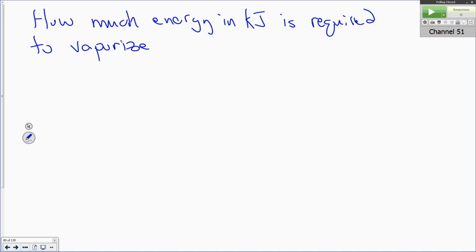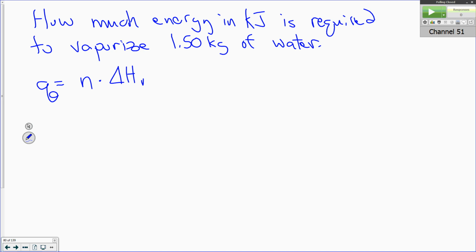Mine was 1.5 kilograms, so yours is probably going to be slightly different. To answer this, the formula we have is Q equals n times the molar heat of vaporization, where n represents the number of moles.